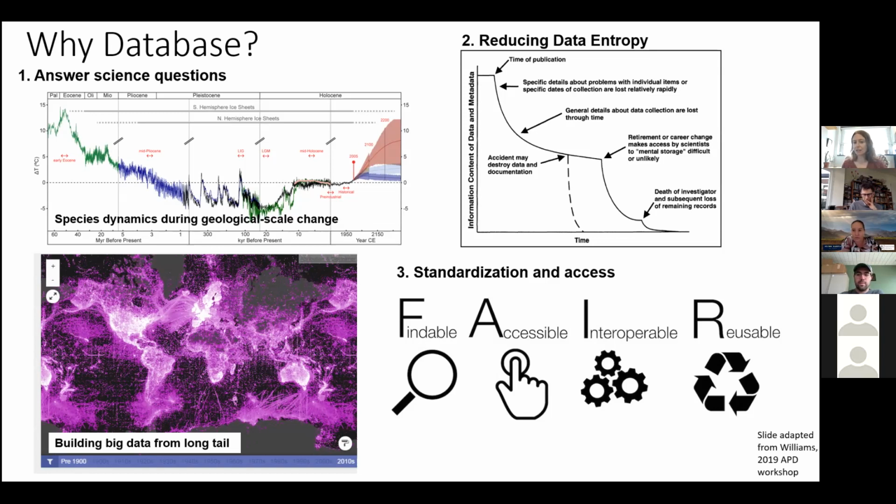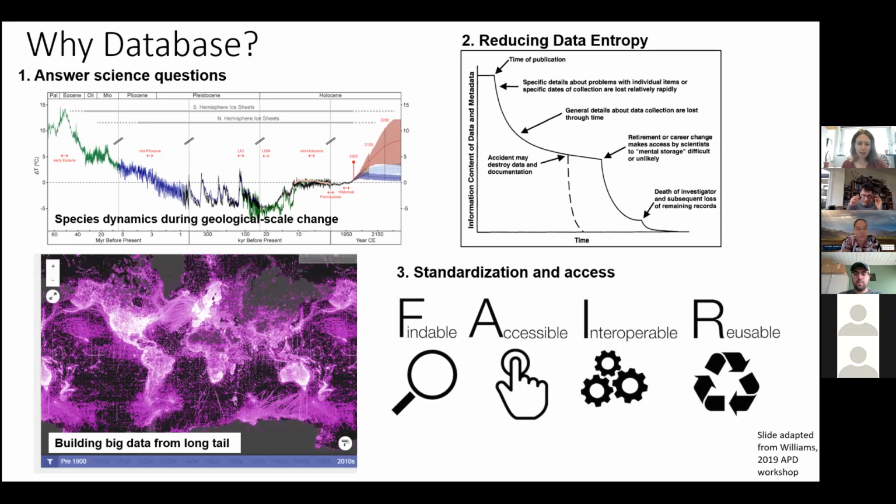There might be an accident that destroys data completely. Someone retires, and slowly these details begin to be lost, and are often completely lost with the death of the investigator. So putting data into databases at the time of publication, when we have the most access to information, is really important for continuing that information on into the future.